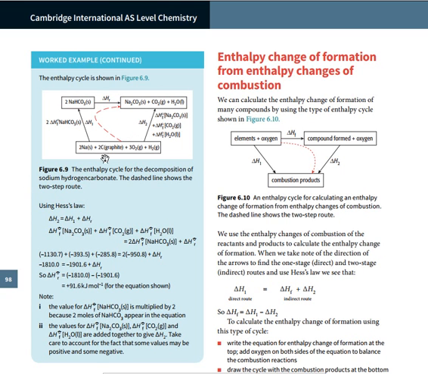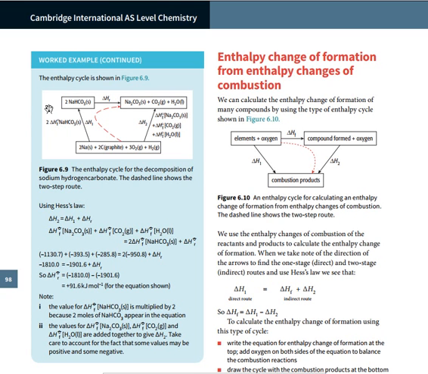Now you need to know that delta H1 is actually the standard enthalpy change of formation of sodium carbonate times 2, because I initially told you that in order to do these Hess's law calculations, the first thing is to memorize the definition.